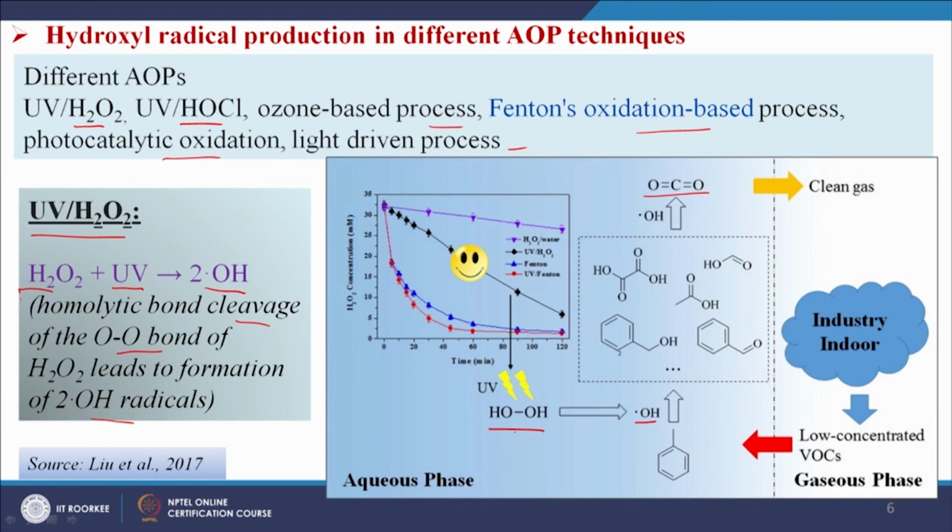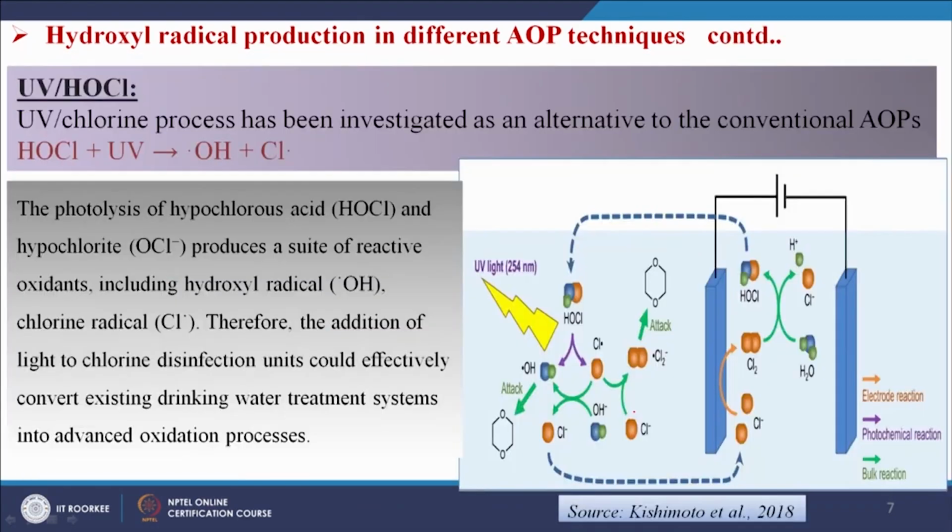That means the formation of hydroxyl radical is less. But when we use UV, or Fenton, or UV Fenton, we get more hydroxyl radical formation, and UV Fenton gives the maximum hydroxyl radical production, because H2O2 concentration is reduced. That means it is converted to products, that is, hydroxyl radical. So, these are the different methods where hydroxyl radicals are formed, and the extent of hydroxyl radical formation is different, depending upon the type of method we follow.